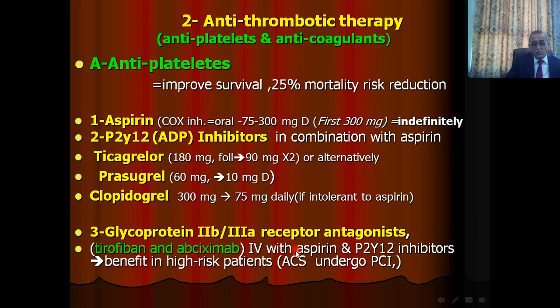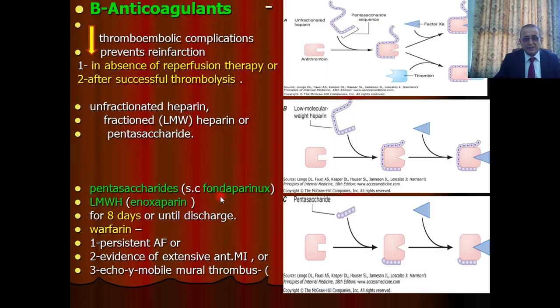Antiplatelet. The other thing is anticoagulant. These will decrease thrombotic complications and prevent reinfarction, whether in the absence of reperfusion or after successful reperfusion. Just concentrate on this point. Patient with ST elevation MI, you will give him thrombolysis, plasminogen activators. With that, to support this, you will give anticoagulant heparin.